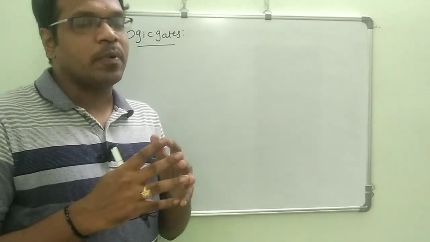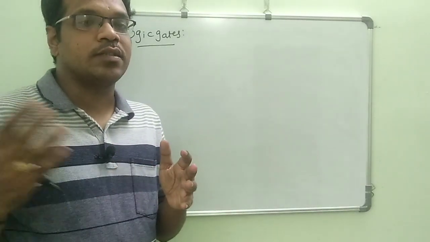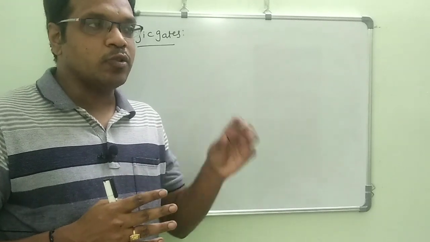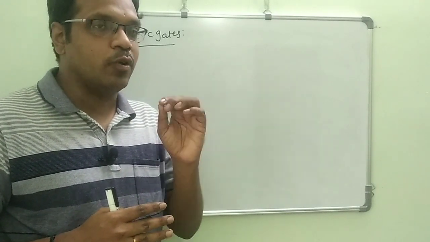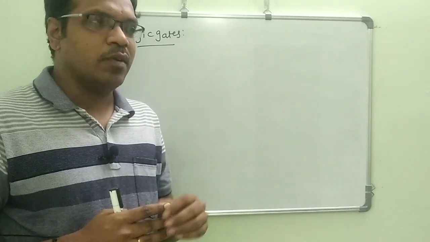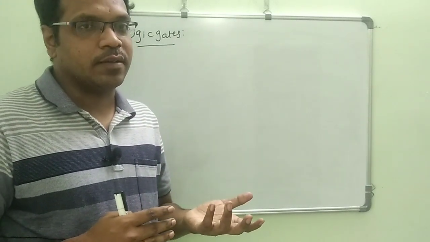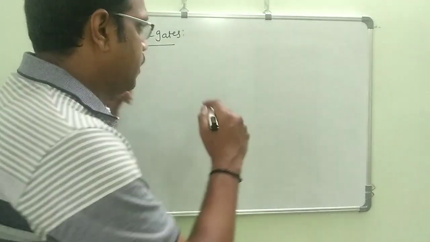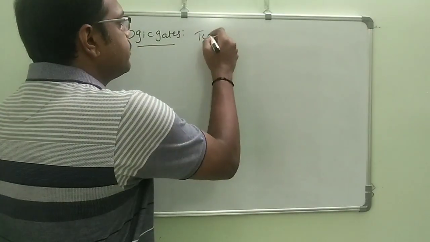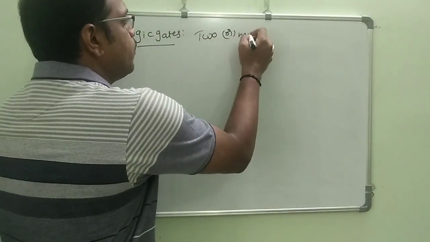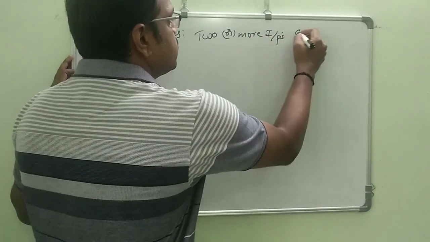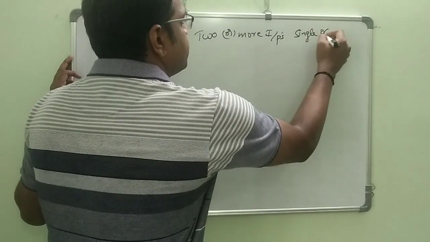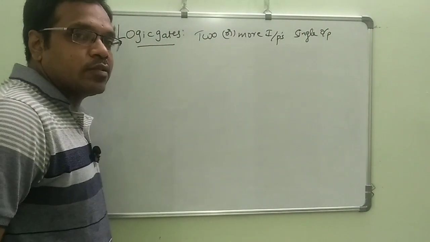To do these operations we will not use ordinary mathematics; we use a different type of algebra, called Boolean algebra. Some people will be familiar with it. So two or more inputs but a single output, that is called a logic gate.